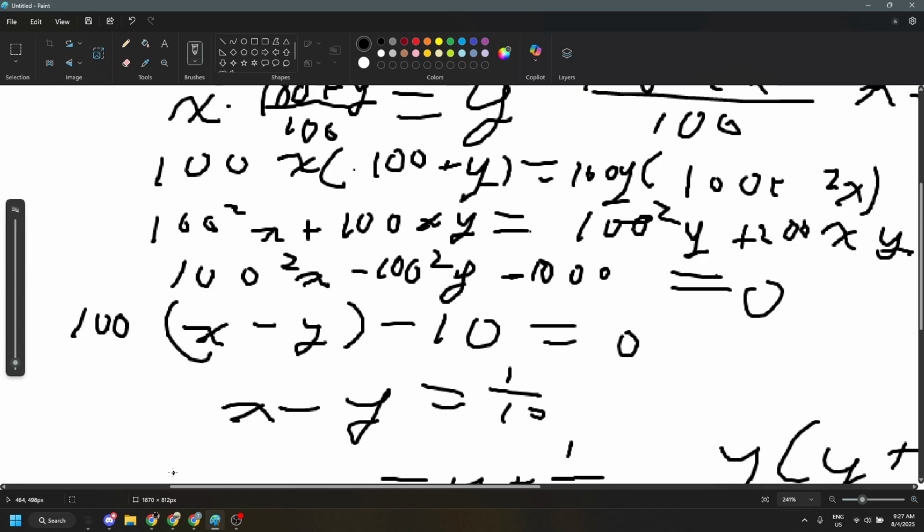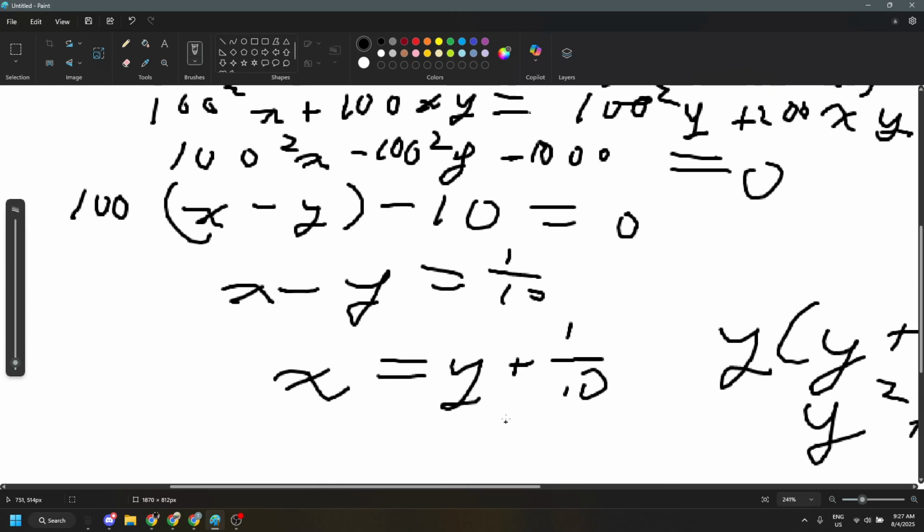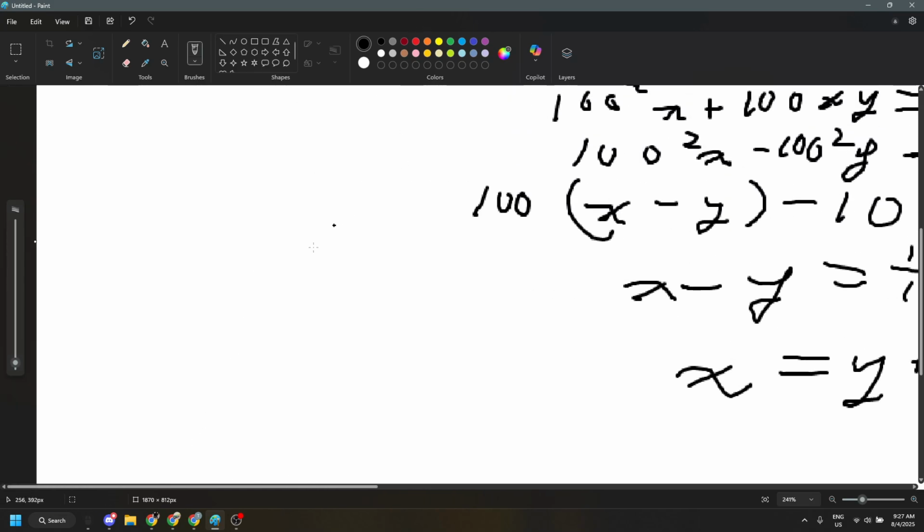Oh, so close. So what you can do is, if you square both sides, x squared minus 2xy, sorry, plus y squared is equal to 1 over 100.